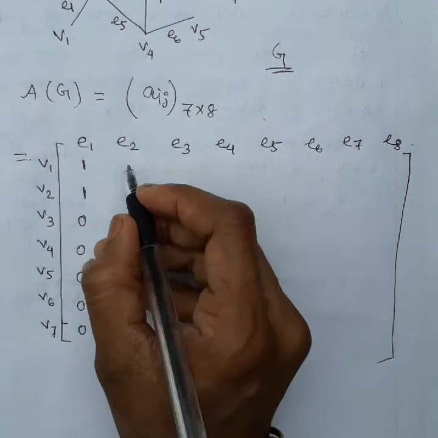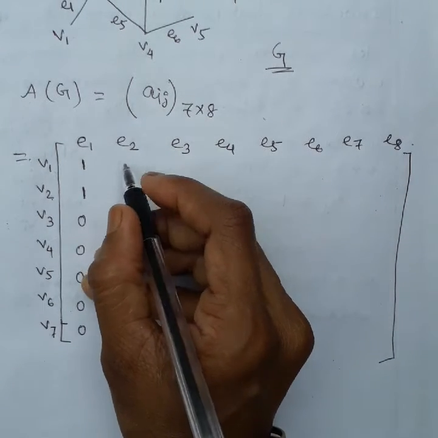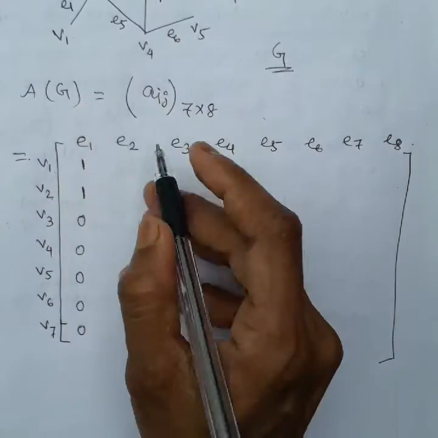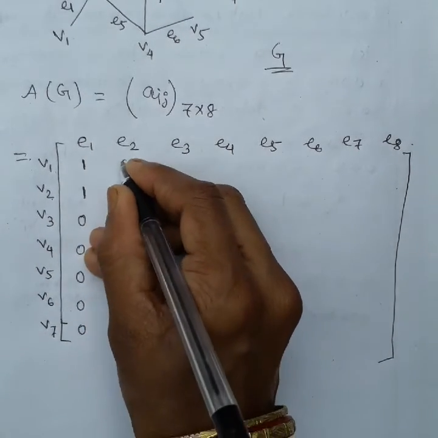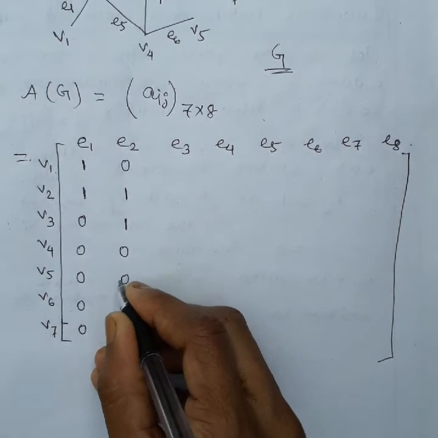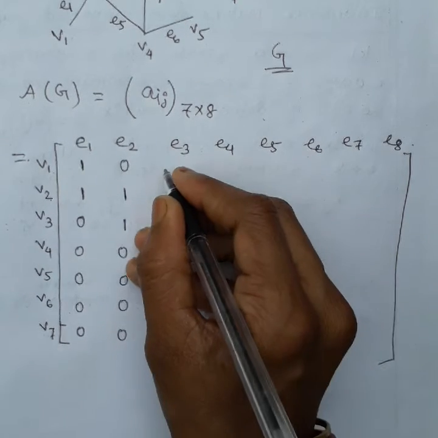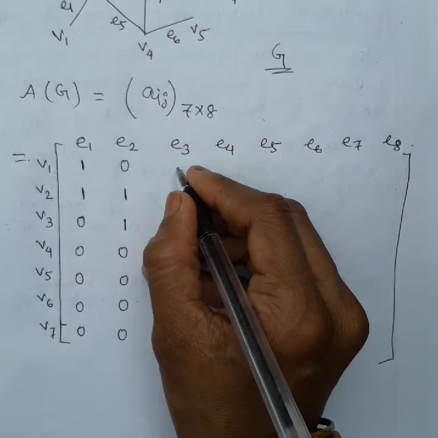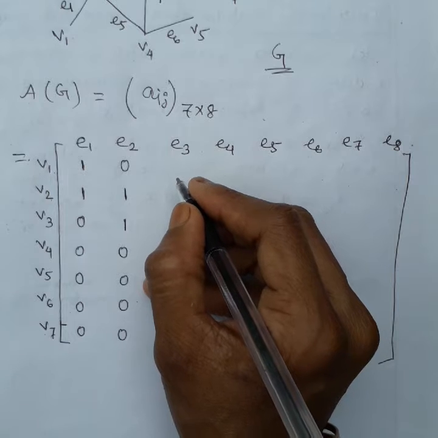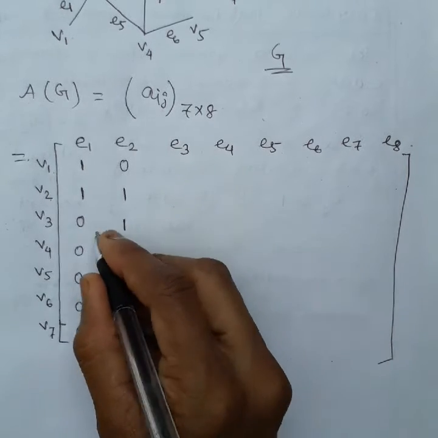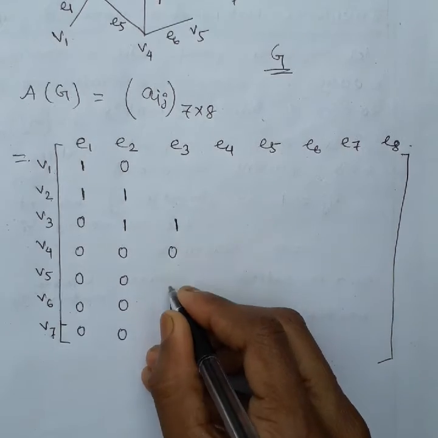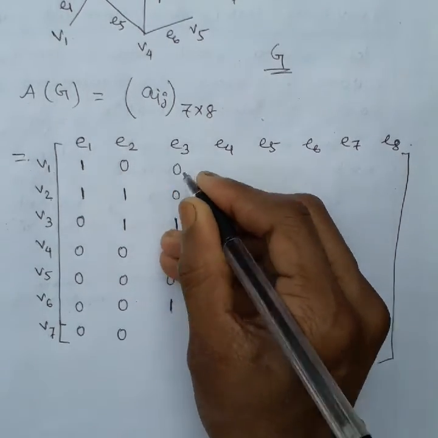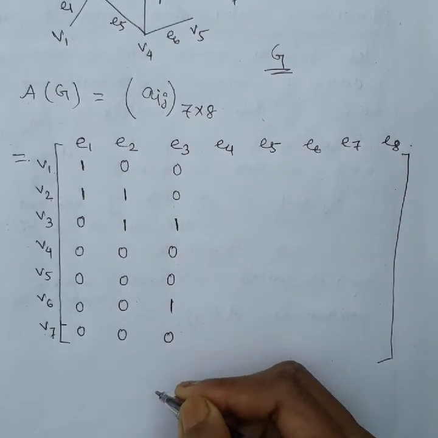Clear? Now take E2. E2 is connected with V2 and V3, so only V2 and V3 positions are 1, others are 0. Take E3. E3 is connected with V3 and V6, so V3 and V6 positions are 1 and others are 0.